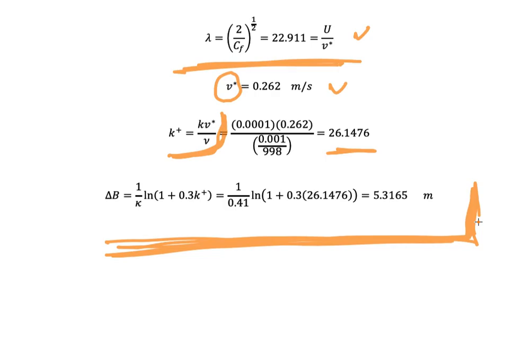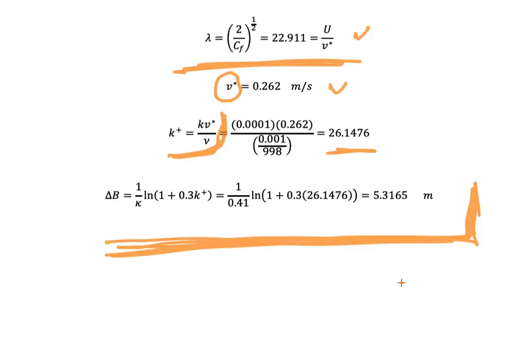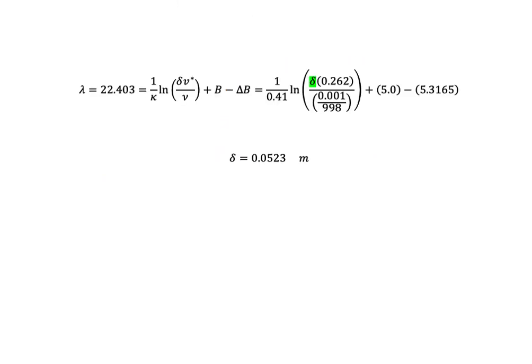However, determining CF is quite easy compared to the previous method. Here we get delta B equal to 5.3165. Substituting in this equation, we get the value of delta, which is 0.0523 meter.